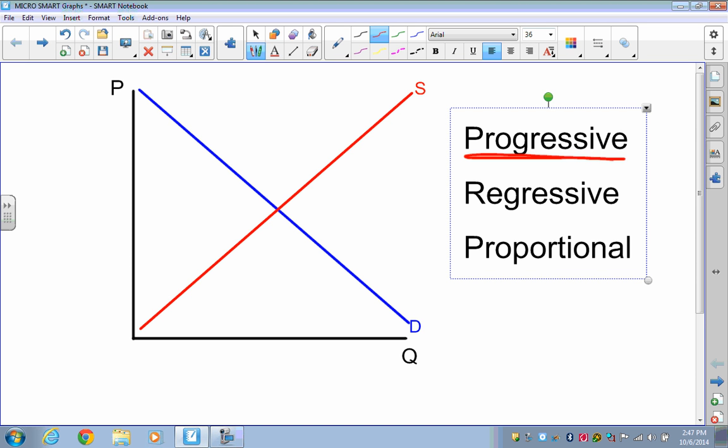Property tax. Property tax can affect a wide range of people. But what about an estate tax? People, when they die and give lots and lots of money to their kids, the government says, hey, if you're going to give over $1 million to your kids, half of that goes to taxes. Another one would be a gift tax.